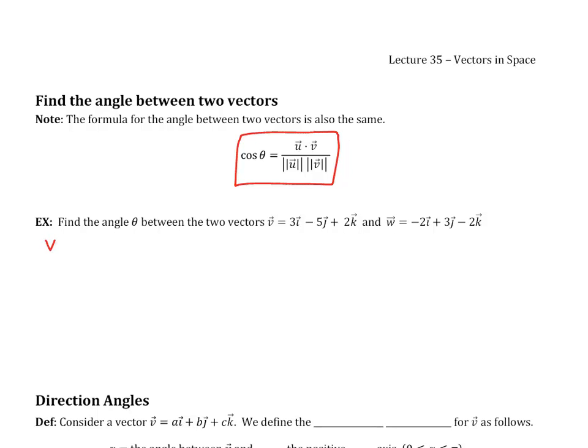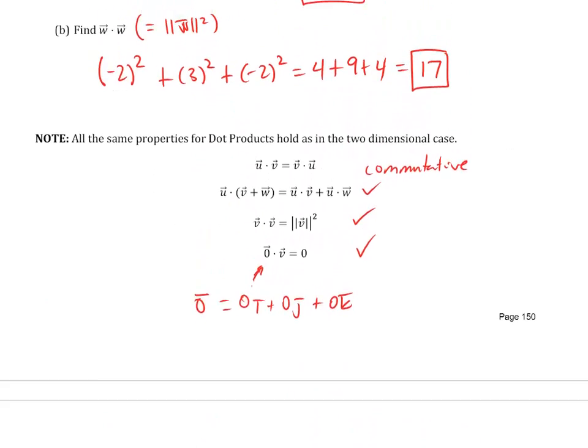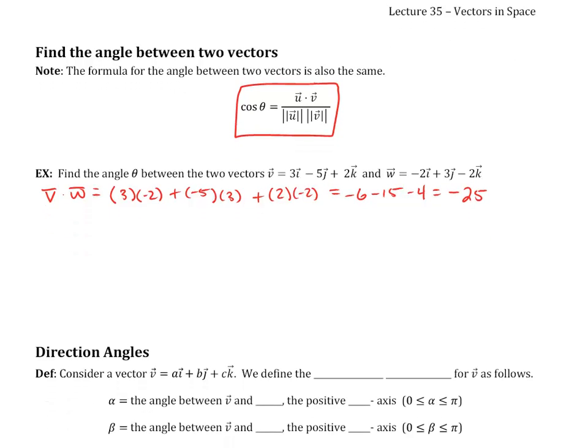You start by finding v dot w, or for us that's 3 times negative 2 plus negative 5 times 3 plus 2 times negative 2, which gives me negative 6 minus 15 minus 4, as we've seen before, which happens to be negative 25. Did I have the negative above? Yes, I did.